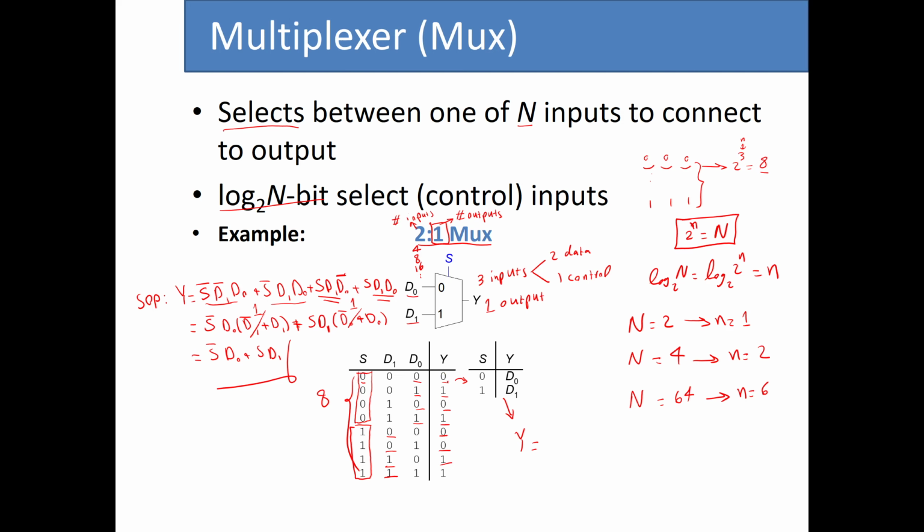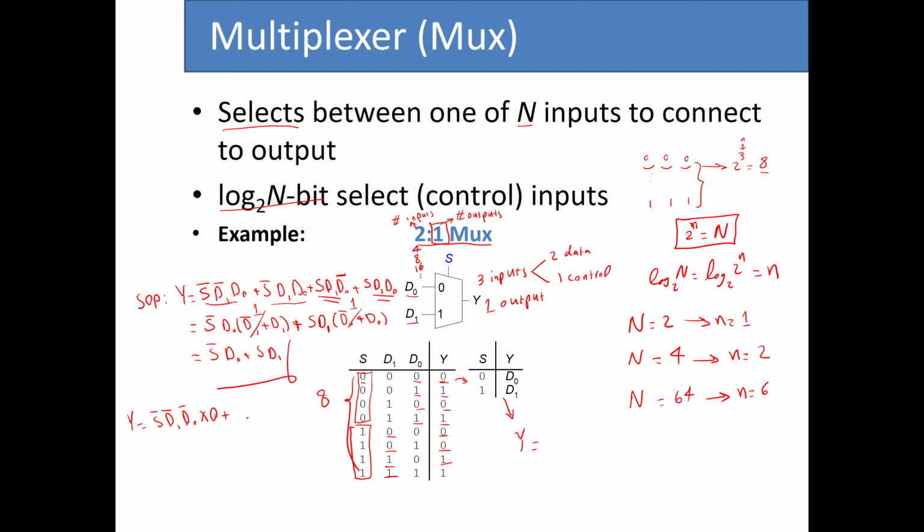If the output is 0, that means that we are not going to include it, right? If the output is 1, that means we are including it. So if I want to write this in its full form, Y would be S bar D1 bar D0 bar multiplied by 0. You see, this is the 0 that we have here.